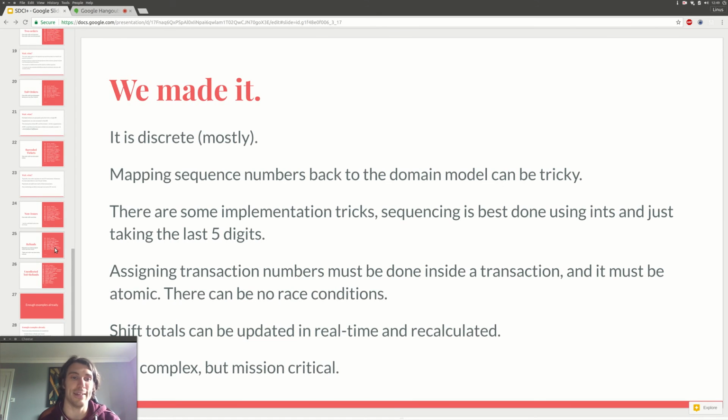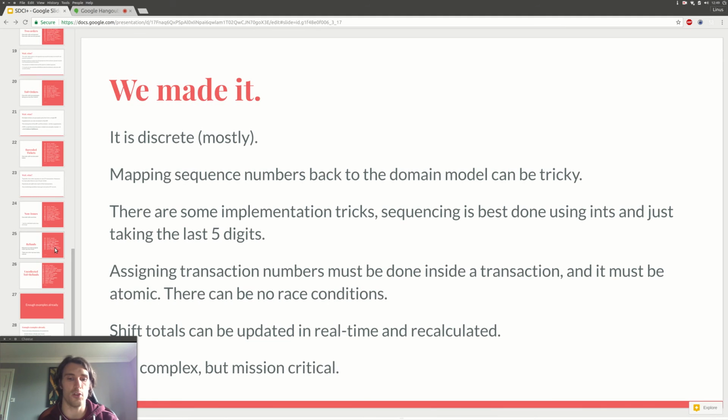So that's quite handy. The other thing to bear in mind is that assigning transaction numbers must be done inside of a transaction, and when I say that, I mean the traditional database sense of a transaction. It must be atomic, and there can be no race conditions. So a transaction number can only be used once.